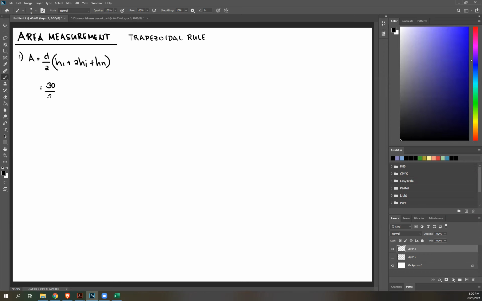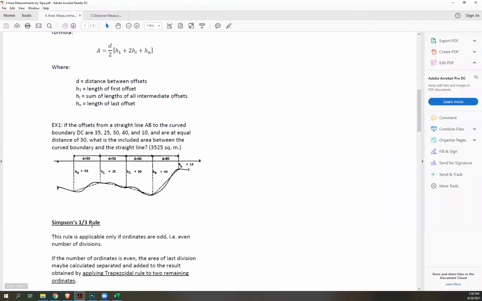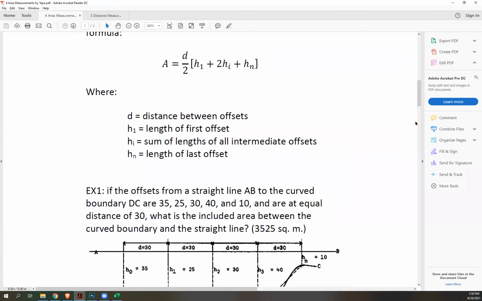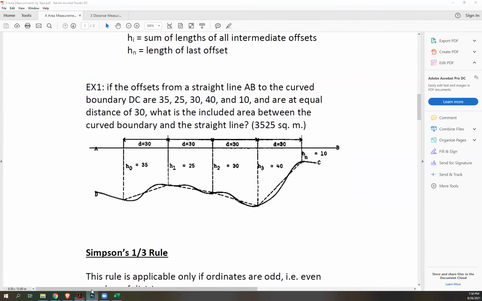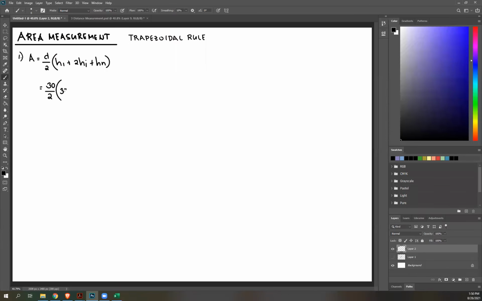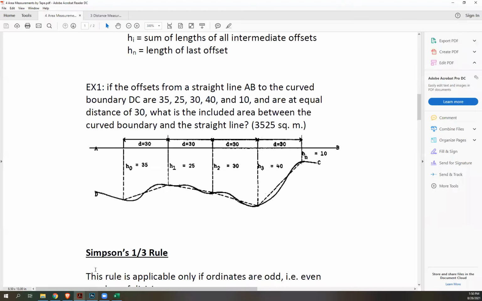over 2 times H1. H1 is your first offset here, that's 35. If you can't see it, let's zoom in. 35 plus twice Hi, everything in between, so 25 and 30 and then 40.